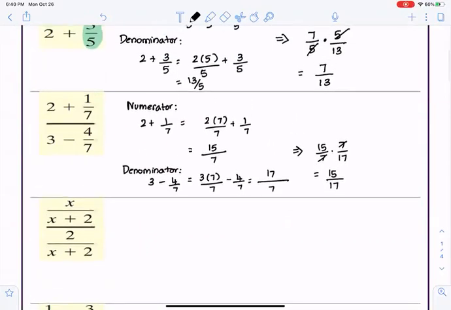So the problem that we have here has an expression, x over x plus 2 divided by 2 over x plus 2, and it might look pretty scary if you're not able to isolate the terms properly. Here is the key: numerator over denominator, first fraction, and draw a bigger line and write it this way so you can see things better.